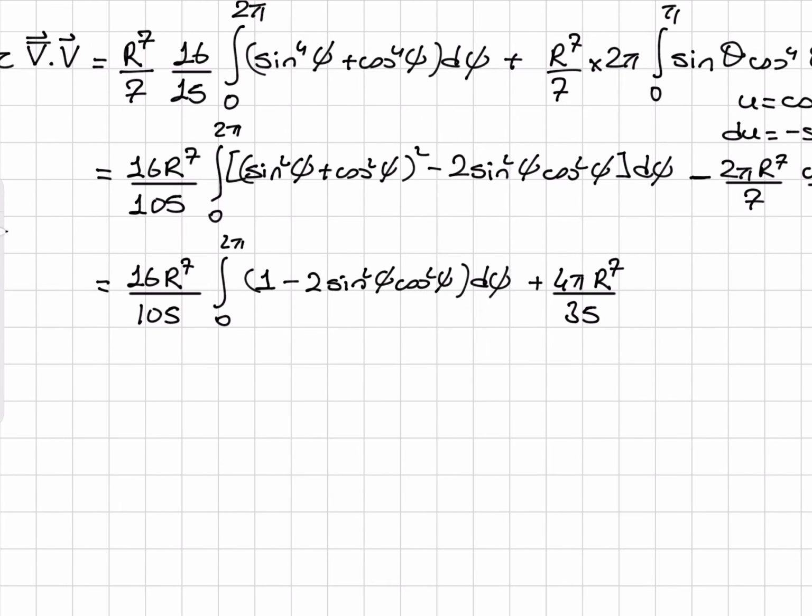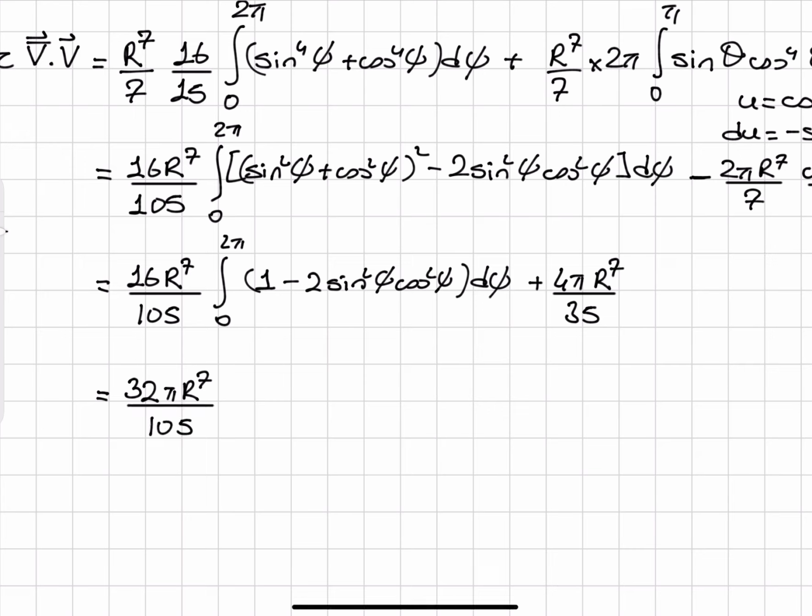And now continuing to work on the phi integral here, the integral of d phi will just give me a 2 pi here. So this will be 32 pi capital R to 7 divided by 105.